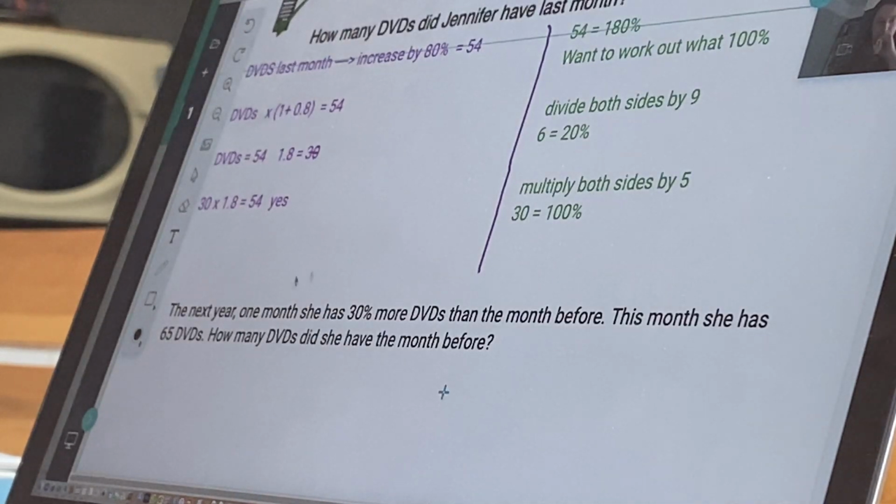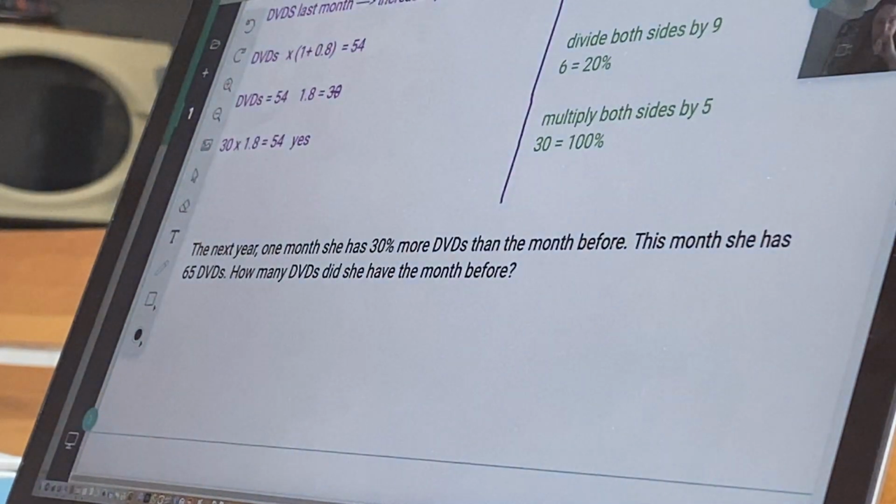Okay, so that question is exactly the same as number 5. I've just changed the numbers around. So 65 is equal to 130%.